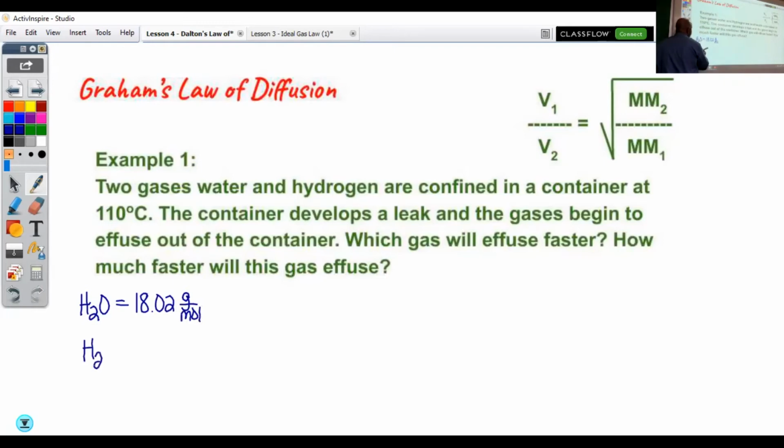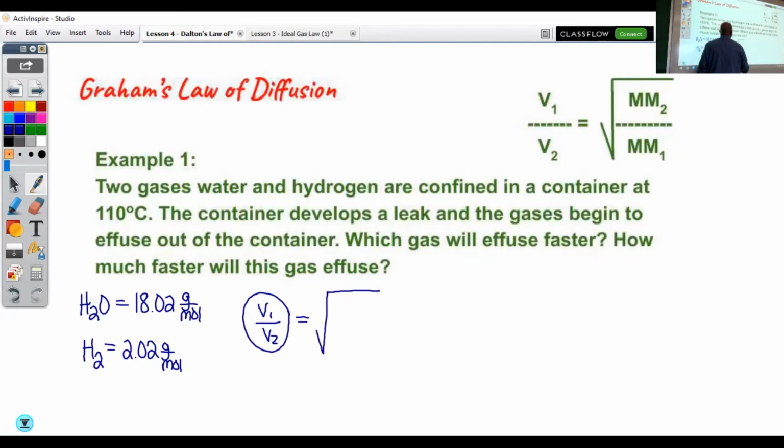And hydrogen, which is a diatomic, has a molar mass of 2.02 grams per mole. So looking at my equation, keep in mind, we're solving for this as one thing. So our ratio of rates is equal to the square root of molar mass 2 divided by molar mass 1.